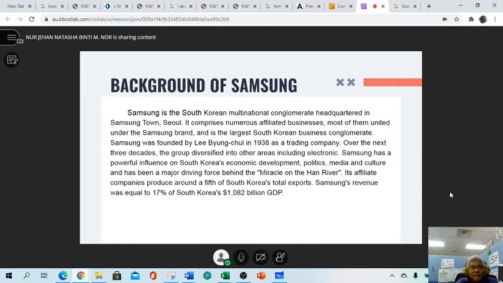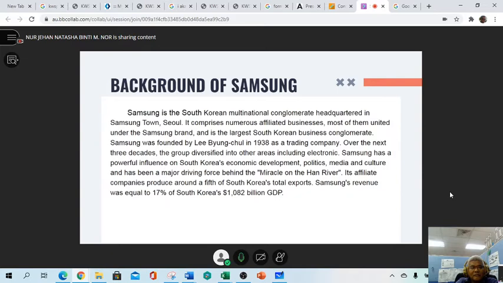Okay, next I will present the background of Samsung. Samsung is a South Korean multinational conglomerate headquartered in Samsung Town, Seoul. It comprises numerous affiliated businesses, most of them united under the Samsung brand, and is the largest South Korean business conglomerate.